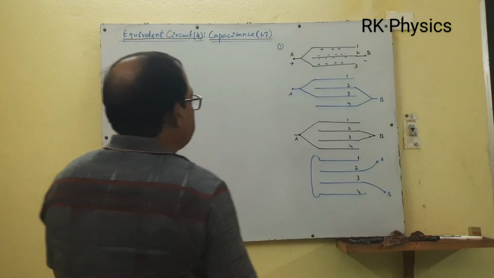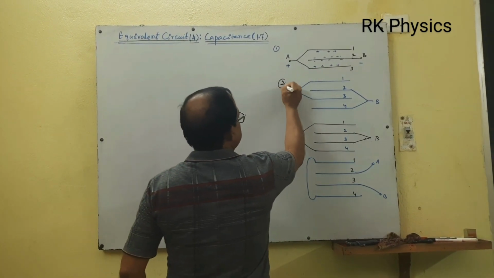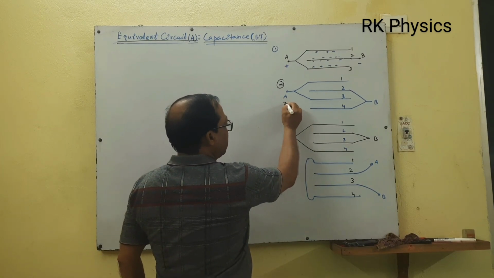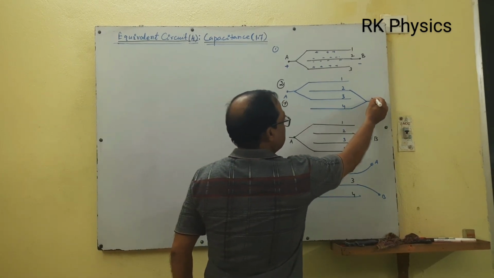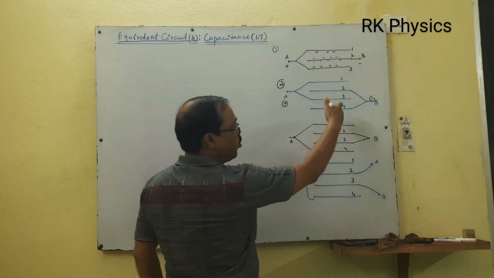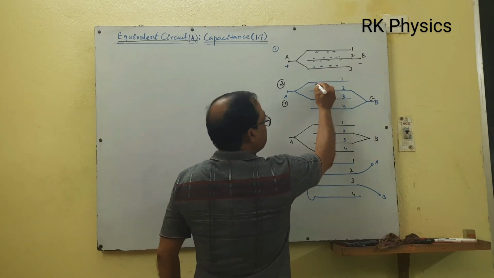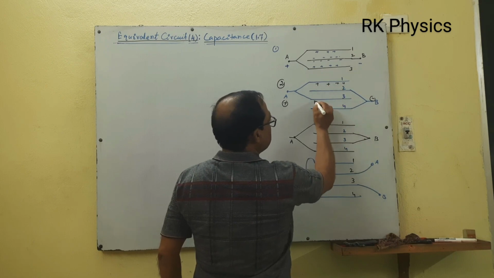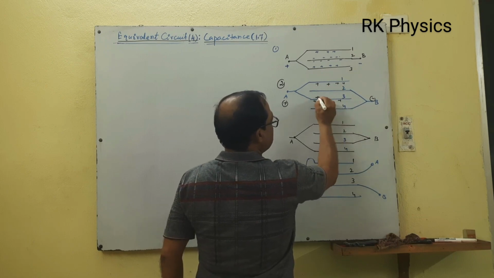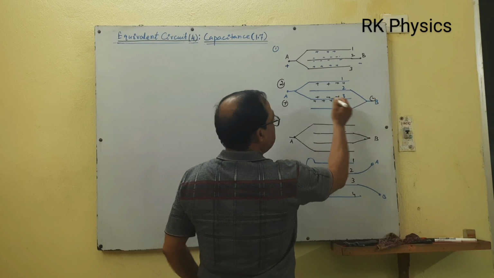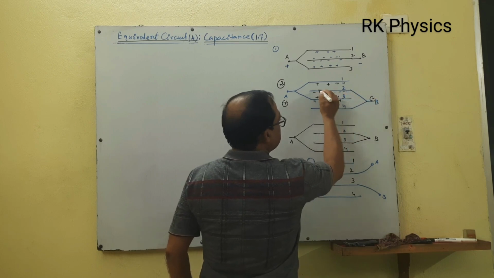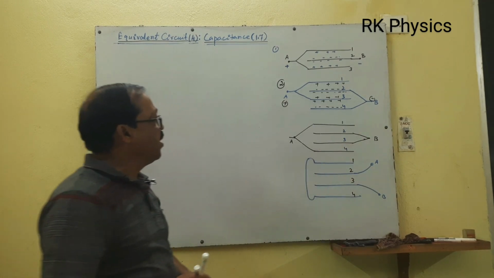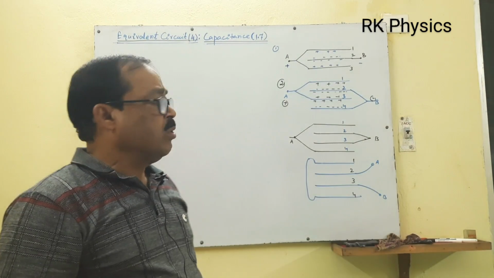Now, come to the second figure. Take either terminal as positive and the other as negative. There are 4 plates. Suppose A is positive, which means plate 1 is positive and 3 is positive. B is negative, which means plate 2 is negative on both sides, and the inner side of 4 is taken as positive.